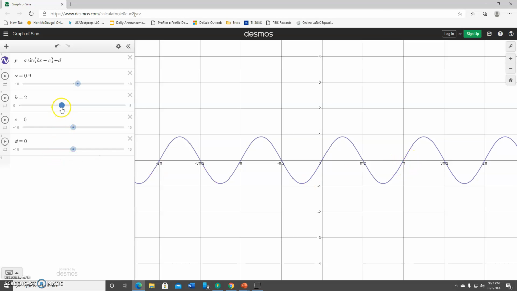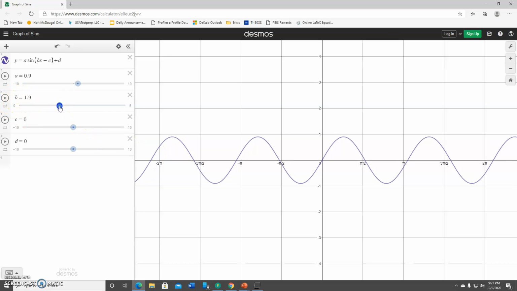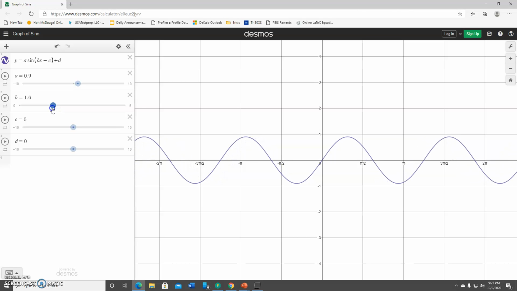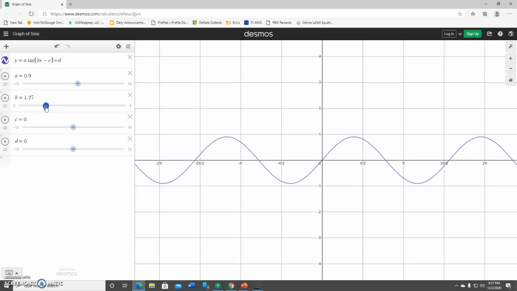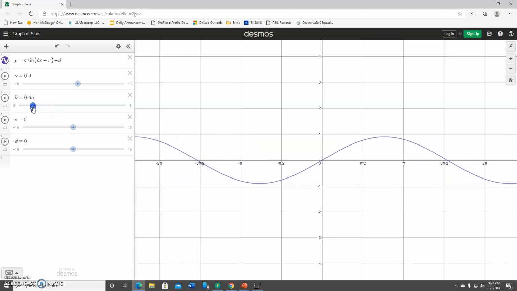So that tells me I can find my new period by taking the original 2 pi and dividing it by B. Let's see if I took it to 0.5. Oops, that's 1.5, sorry. Almost there, 0.5.